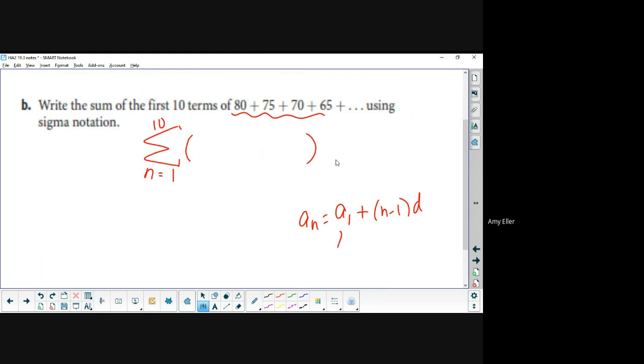My first term is 80, n minus 1. My difference is minus 5. So I'm going to distribute that. So 80 minus 5n plus 5 is 85 minus 5n.